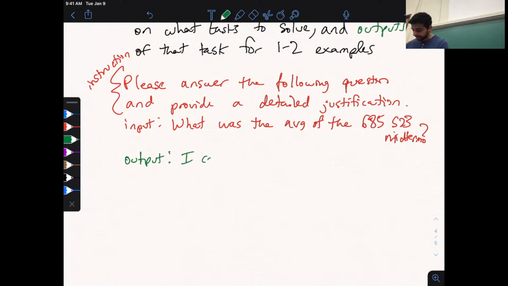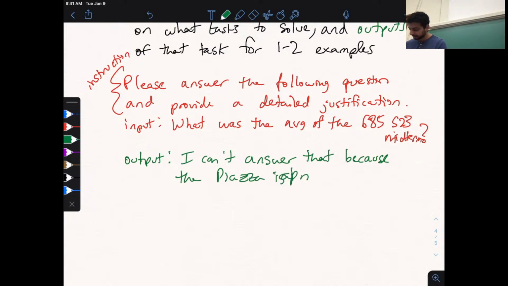It might say, I can't answer that because the Piazza is private, or something like that. So you can see here that the output could also be a sequence of tokens, which is why we are using this pre-trained decoder-only model.